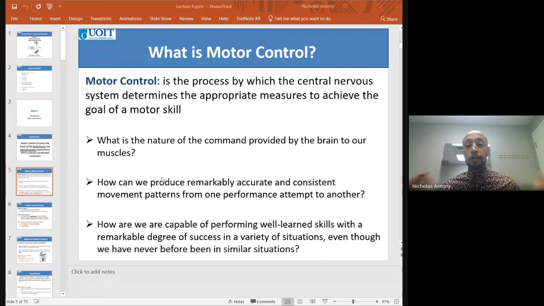Lots of different factors can be interpreted, and a person that's an expert at a skill is able to coordinate all of that information into the motor skill and then perform that with high efficiency despite the changing external environment. So how can we account for that? And so motor control studies wanted to understand what specifically are some of the factors in relation to that topic.